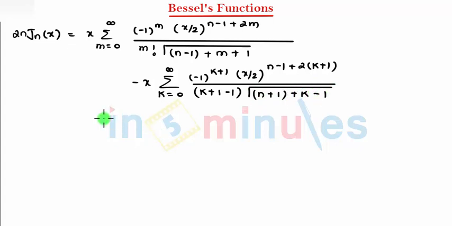gamma of n plus 1 plus k minus 1, which comes to be x, and this term we can write as Jn minus 1 of x, minus.